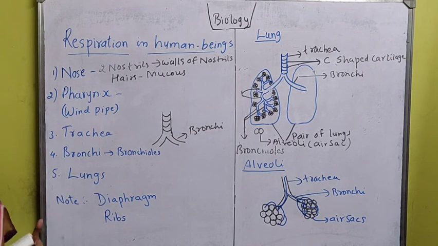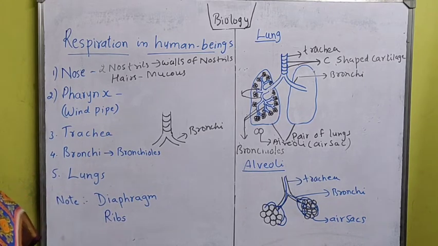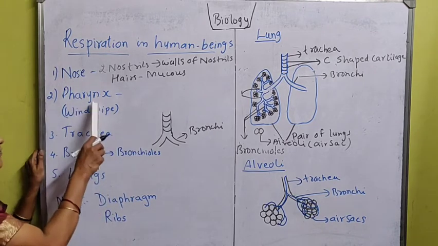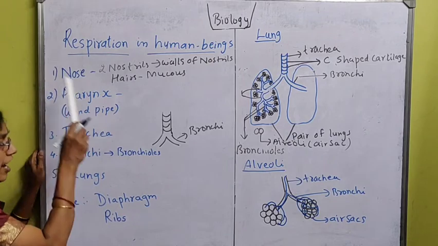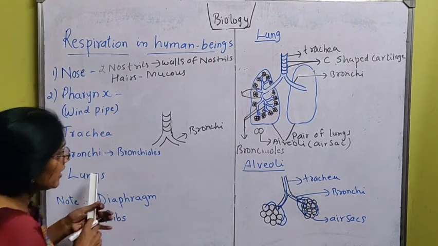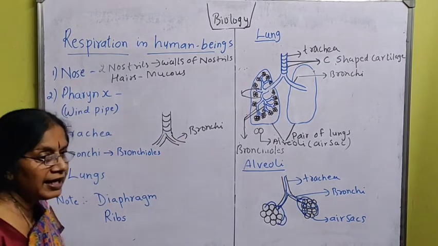How does respiration take place now? How does the exchange of gases take place? From the nose, the air enters the pharynx. From the pharynx, it enters the trachea. From the trachea, the air bifurcates and enters the bronchi.